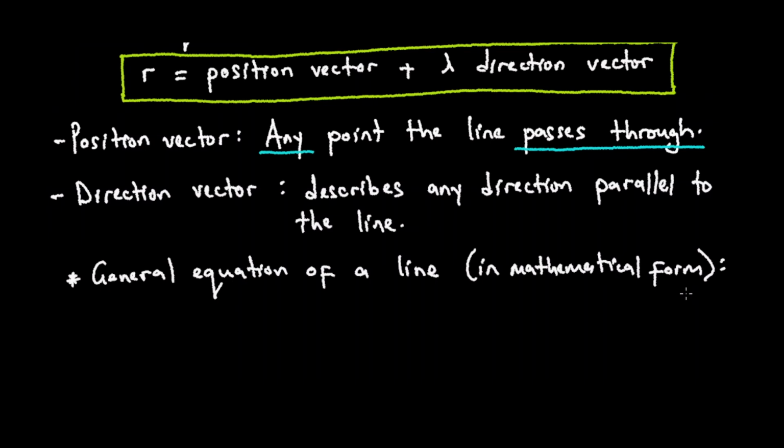And we find it to be what? r is equal to the position vector, of course, let us say OA, and that's the position vector, plus lambda, then our direction vector, usually AB. Saka this is the general form. You are allowed to denote these as vectors, as is done there.